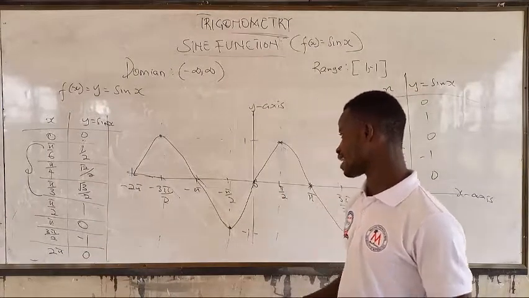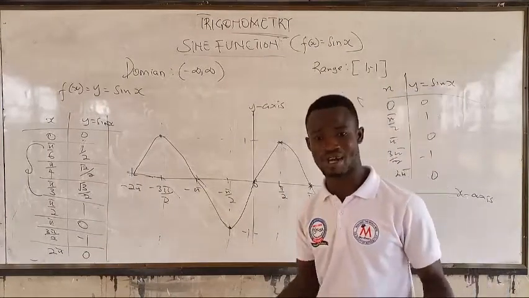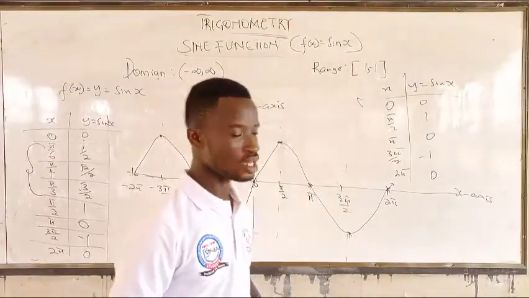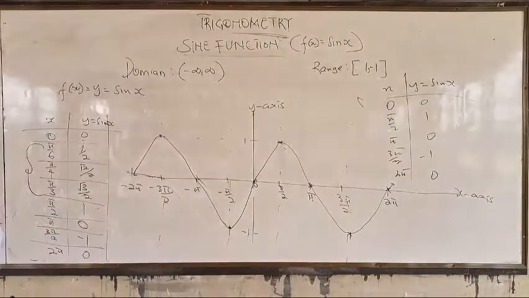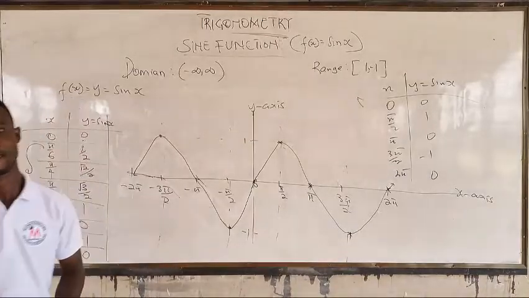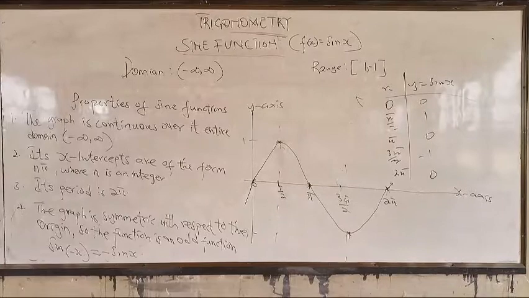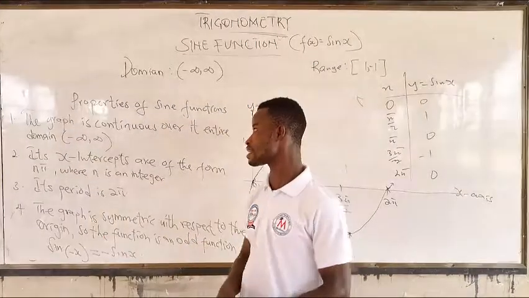So looking at the graph here, we can deduce some properties. Right? Let's see if we can get some of the properties. Alright, so that is the property.